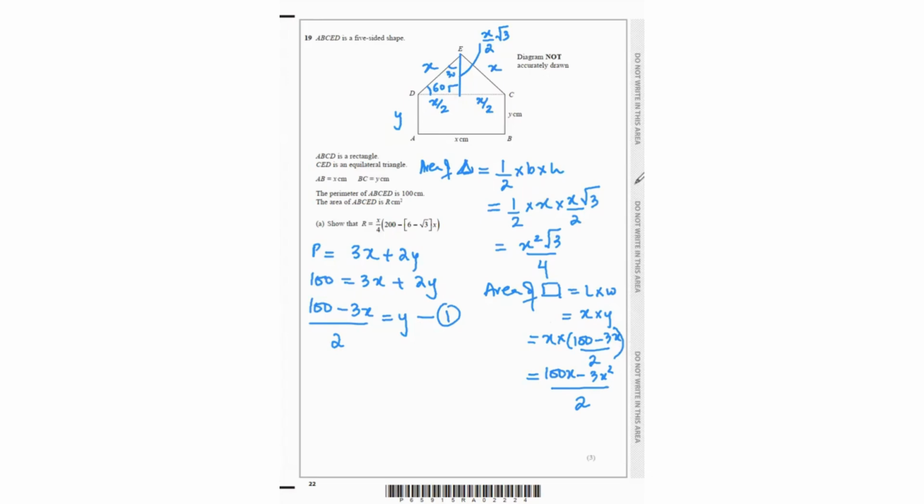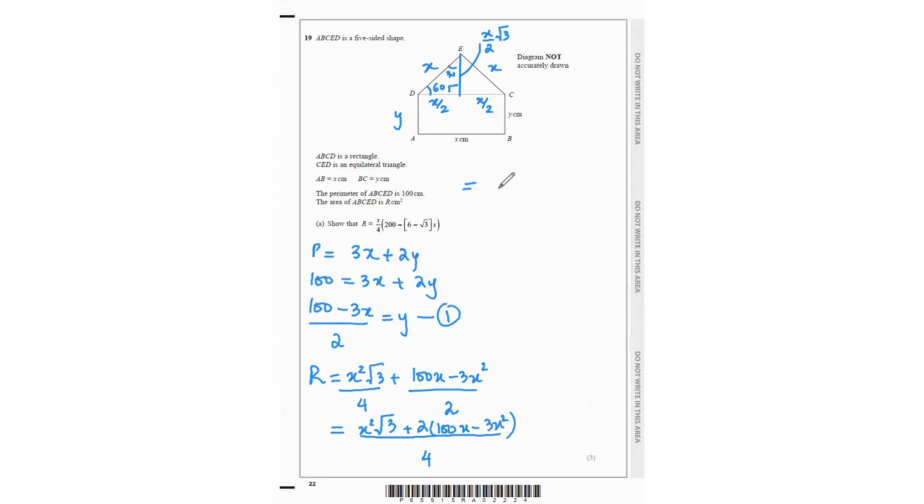Now we're going to add these two to create the equation for the area, which is r. So r equals x squared root 3 over 4 plus (100x minus 3x squared) over 2. Make the denominator same, so 4. So x squared root 3 plus twice of (100x minus 3x squared). Now let's simplify this.